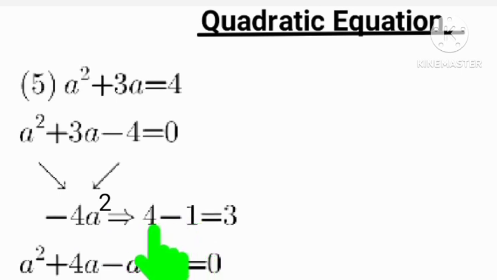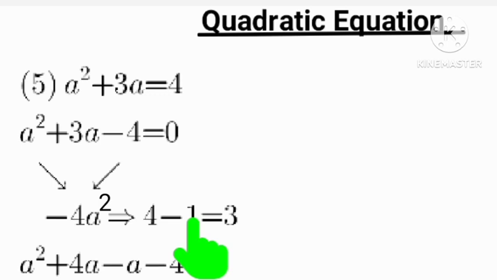So we are going to have 4a and negative a. Once it's standing on its own like this, it turns to negative a, and then we have a squared.